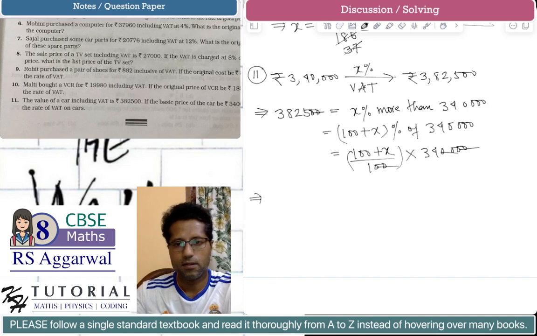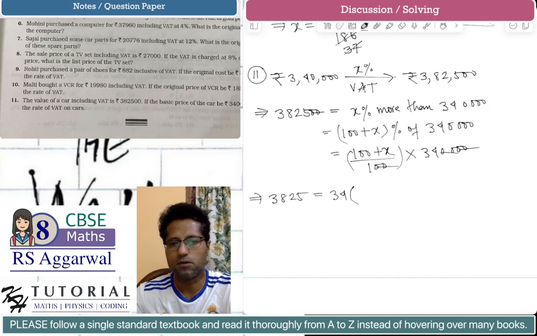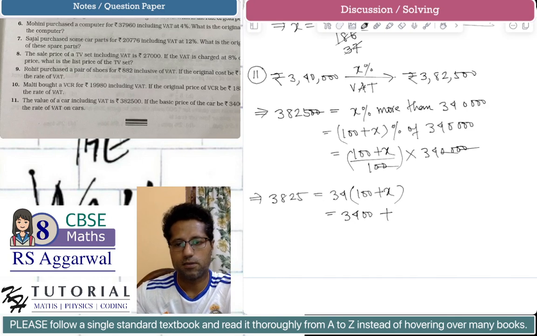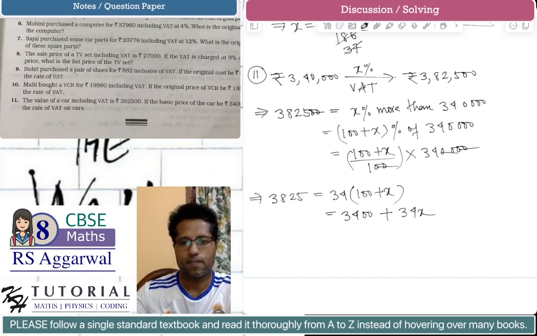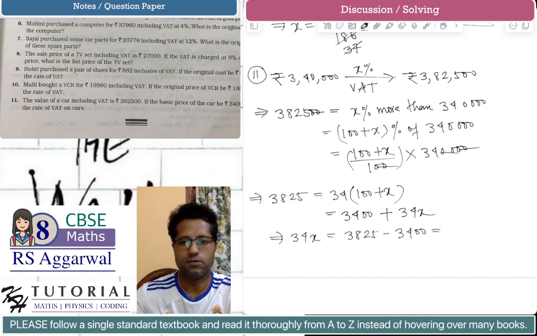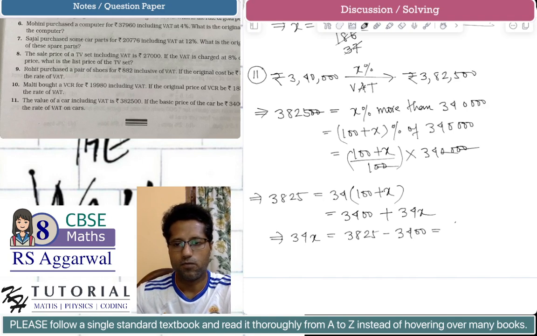So we get 3825 is equal to 34 multiplied by 100 plus X. This is equal to 3400 plus 34x. This implies 34x is equal to 3825 minus 3400, which is equal to 425.